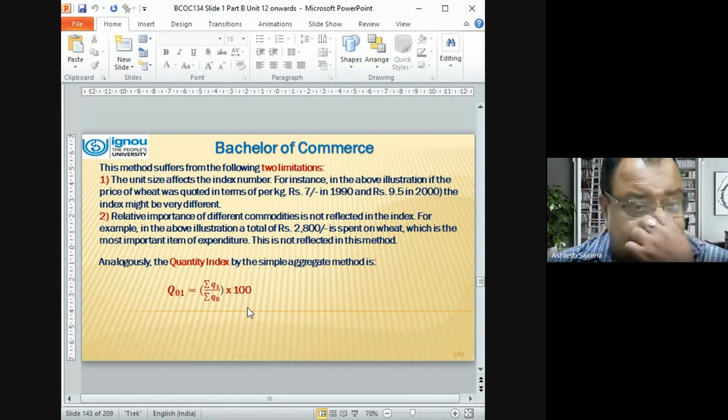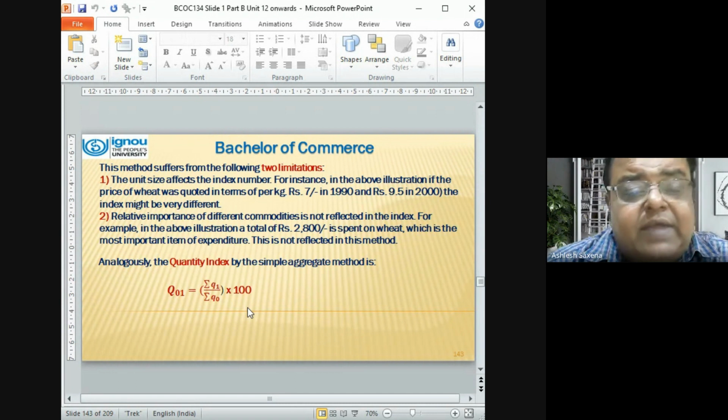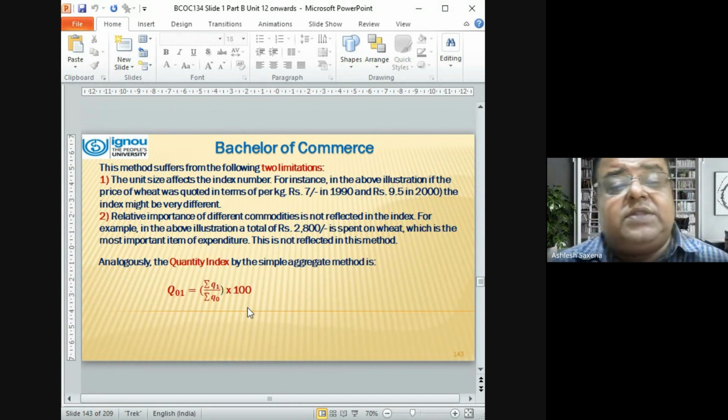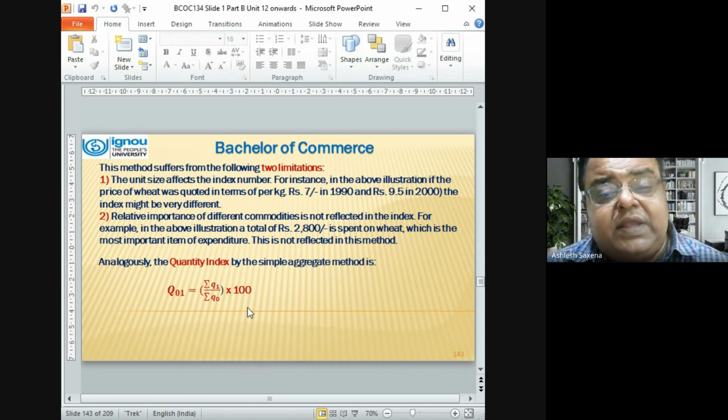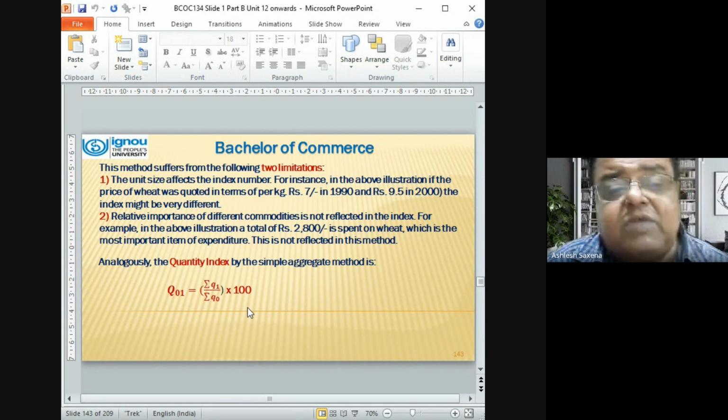Now, this method suffers from the following two limitations. The unit size affects the index number. For instance, in the above illustration, if the price of wheat was quoted in terms of per kg, it would be rupees 7 in 1990 and rupees 9.5 in 2000.